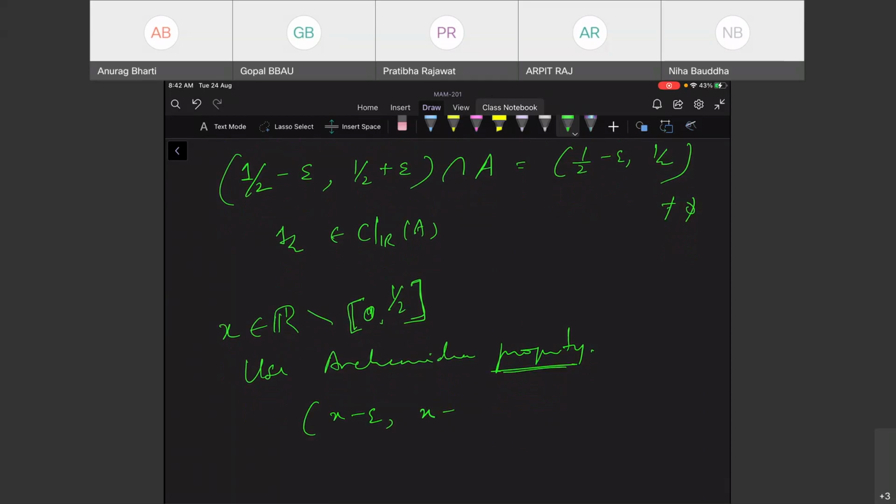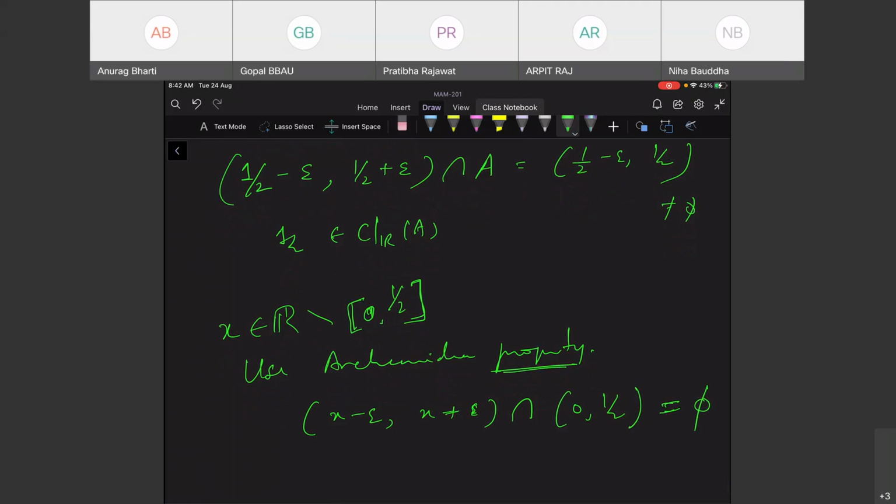such that (x minus epsilon, x plus epsilon), when you intersect with (0, half], is the empty set.